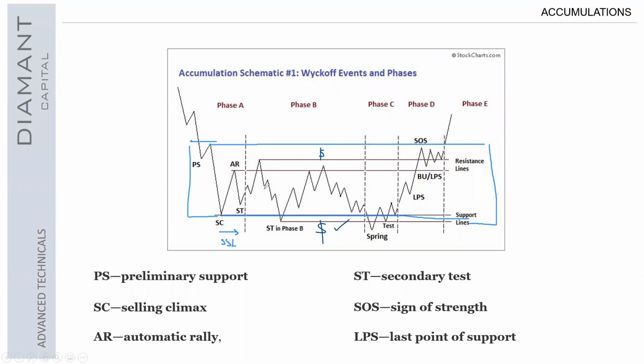So price comes deeper into the point of interest. Let's just say our point of interest is this big, and we're on the lower time frames. It comes deeper into the point of interest to take out these lows, take that liquidity, and that's what we call the ST in phase B. So that's the secondary test in phase B.